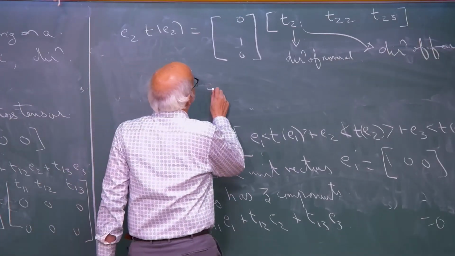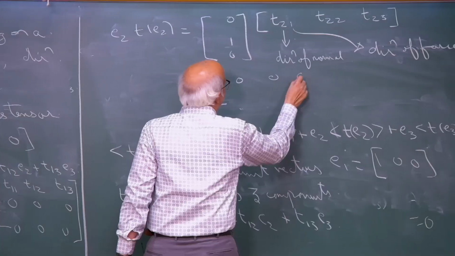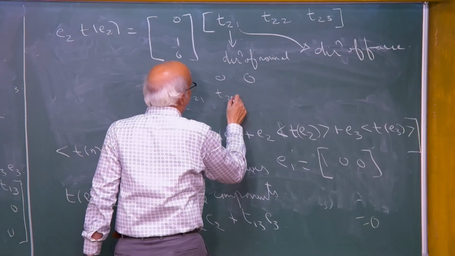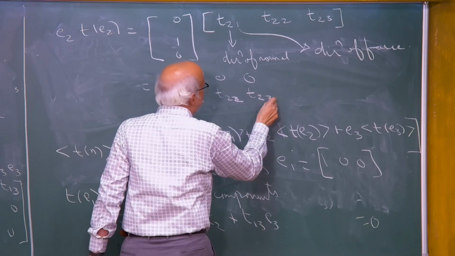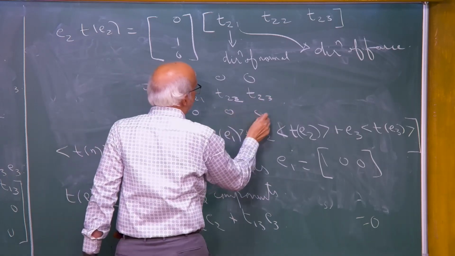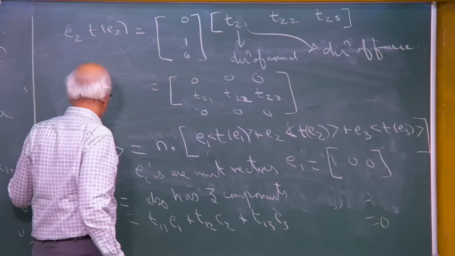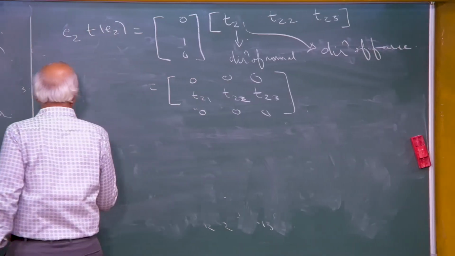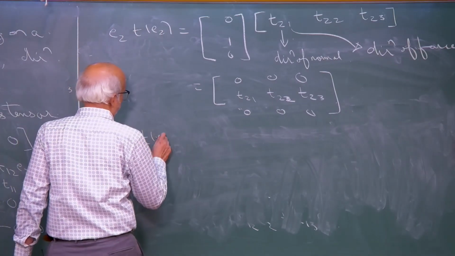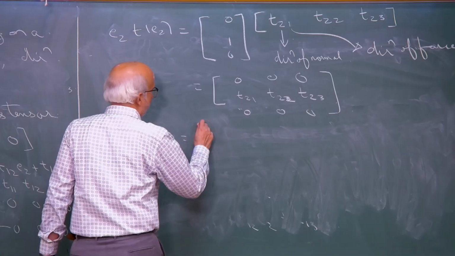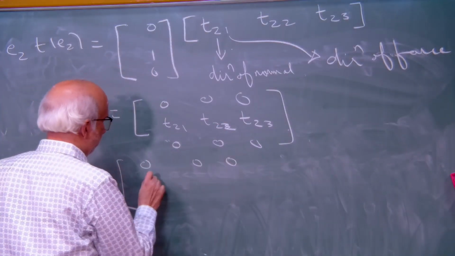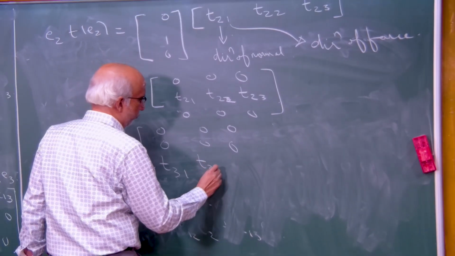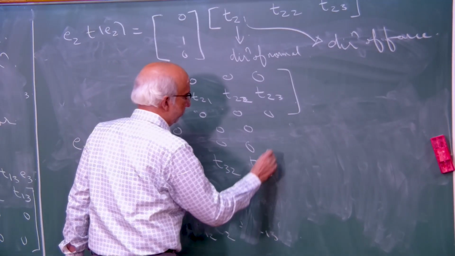And if you do this matrix multiplication, you will get T21, T22, T23, 0, 0, 0, 0, 0, 0 elsewhere. And similarly E3 T of E3 will be 0, 0, 0, 0, 0, 0, T31, T32, T33.